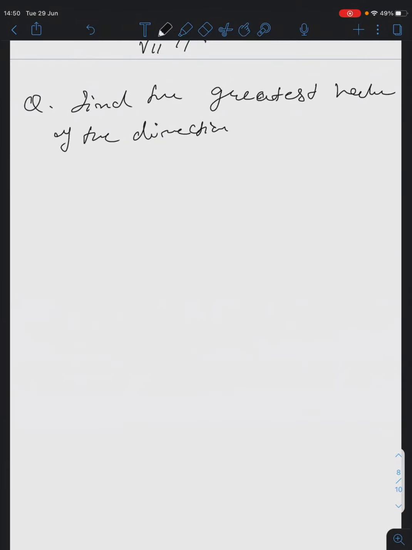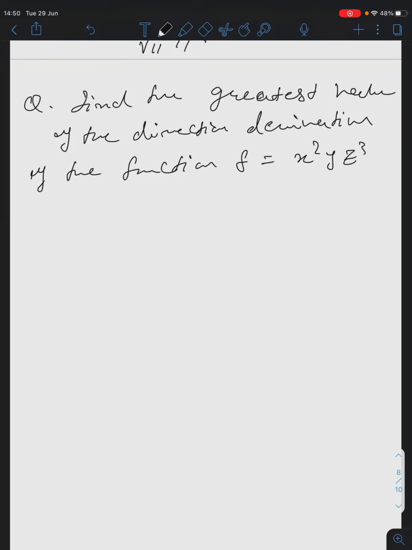Suppose you need to find the greatest value of the directional derivative of the function f equal to x square y z cube at the point 2, 1, minus 1.